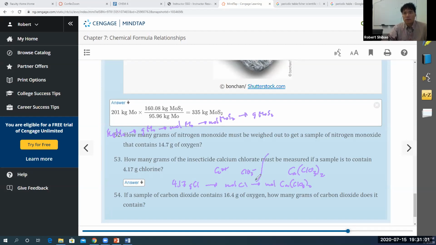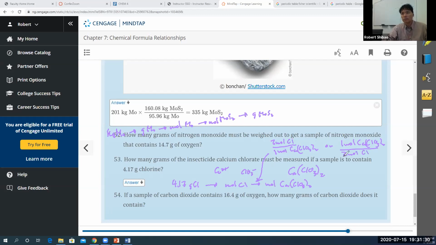In this step, the mole ratio is I'm going to have 2 moles of chlorine for every 1 mole of Ca(ClO3)2. But I have to flip it upside down, so that the Ca(ClO3)2 is on top and the 2 moles of Cl are on the bottom.